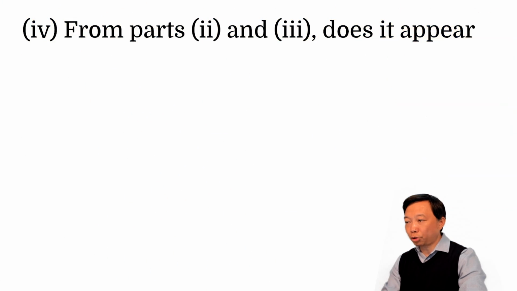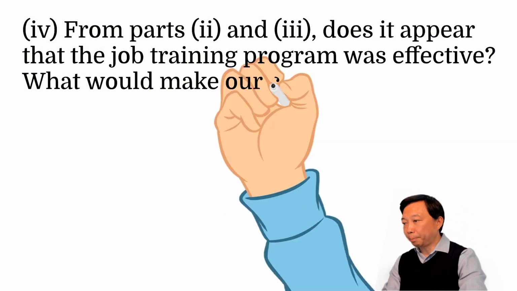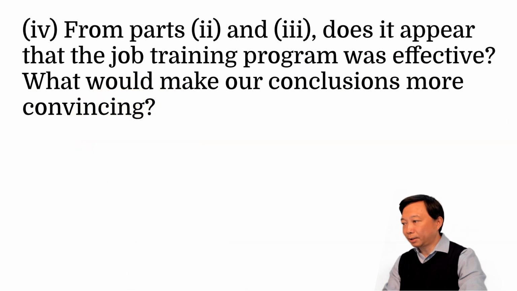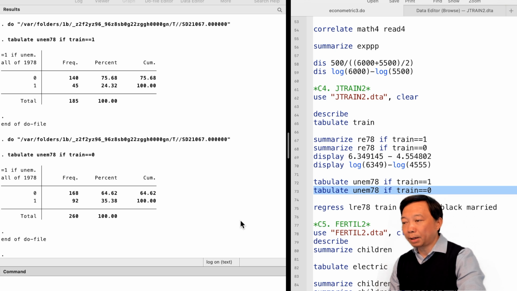The fourth question: from Part 2 and Part 3, does it appear that the job training program was effective? What would make our conclusions more convincing? From Part 2 and Part 3, we know that the men who receive job training earn more and are more likely to be employed.